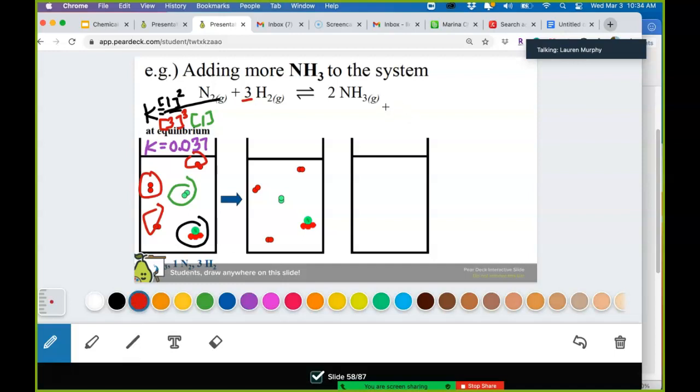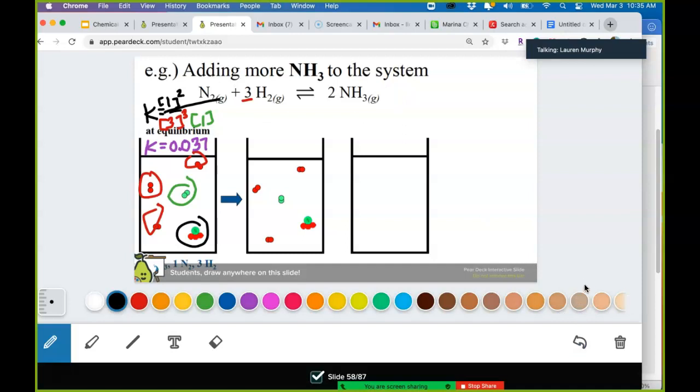If I add more ammonia to the system, which way is the equilibrium going to want to shift? Right or left? I have too much ammonia, so I'm going to shift back this way. I'm going to need to make more of this, and I'm going to need this to drop because I need to reestablish equilibrium.